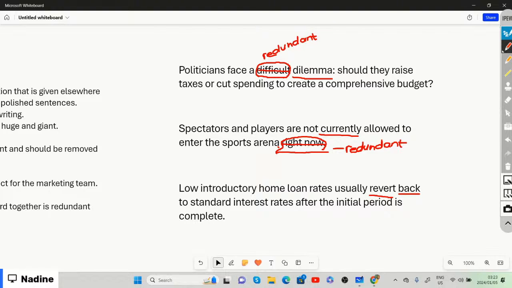And even if we look at the word back, then back also means you are returning to something. It's like you are returning to an earlier position or normal position. And that is similar to the word revert, which means that you are returning to your previous state or your previous position.